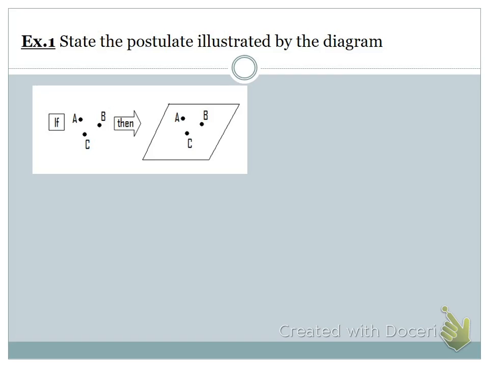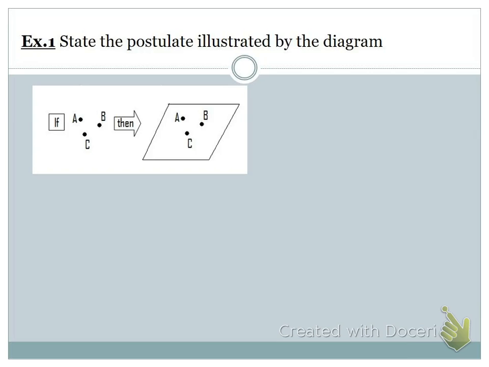All right, let's jump into some examples. State the postulate illustrated by the diagram. Remember, we're not looking for numbers here. We're looking for actual postulate statements. I'll tell you, what do you think? Through any non-collinear points exists one plane. Good.